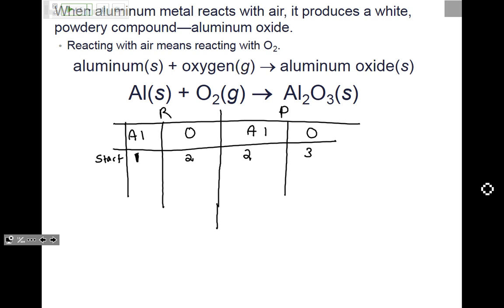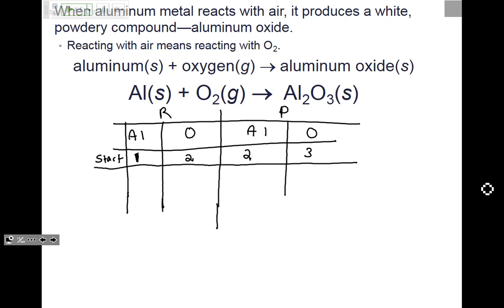This one's pretty straightforward because we are taking 2 things and making 1 thing. So this one's a little bit easier to balance and see probably. So you might not need this chart as much, but just to be clear and to be safe, we're going to keep with the chart. So let's start with oxygen.